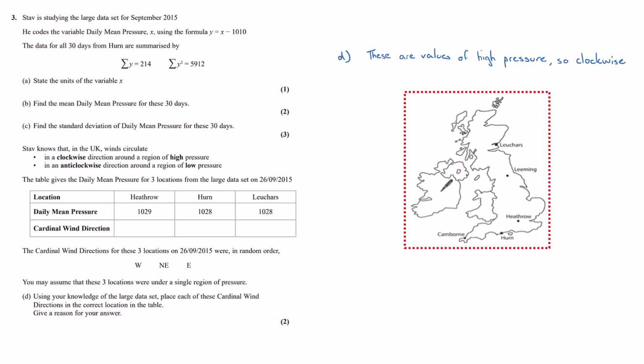The next thing we need to know is the placement of these places in the UK. So the geography of these places will help greatly here, because if I put on a clockwise motion for wind direction on the UK here, we can use this to see which direction the wind is coming from, because again, something you need to know, the wind direction is the direction it blows from, not the direction it is blowing.